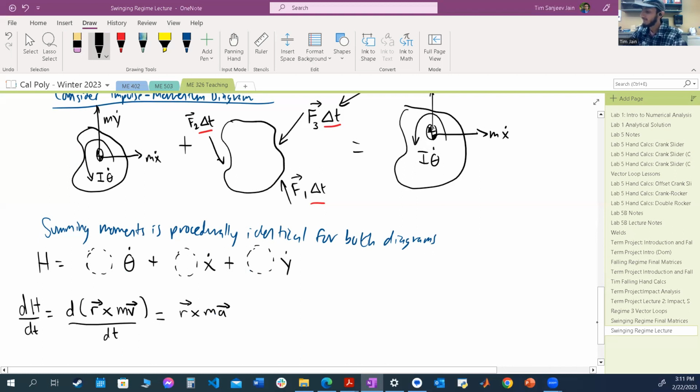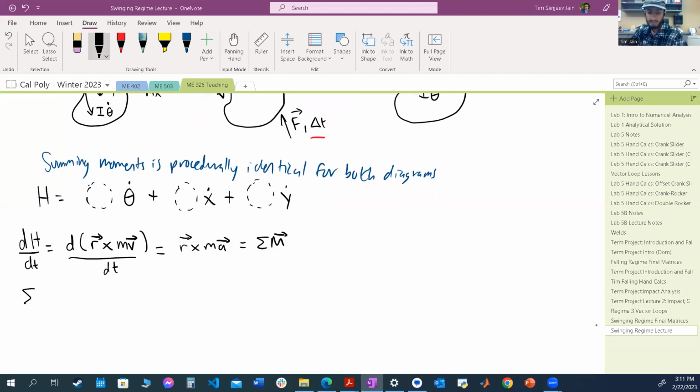So that is equal to the sum of the moments. That means that the sum of the moments is nothing but a linear combination of the angular acceleration plus the horizontal acceleration plus the vertical acceleration.